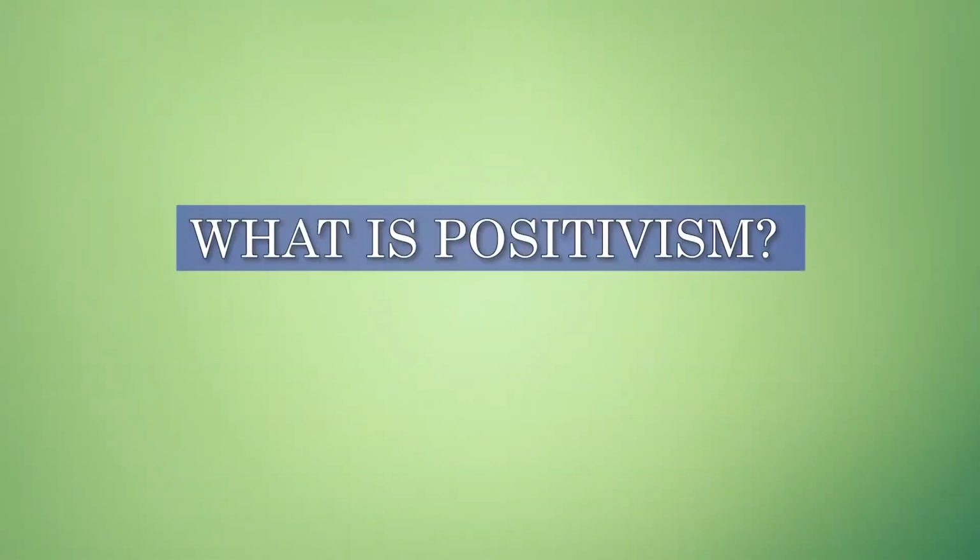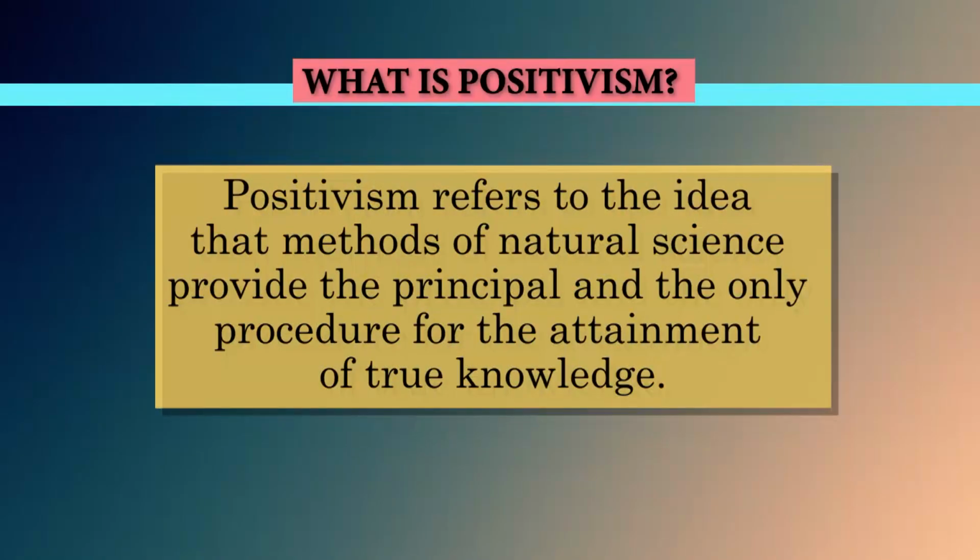Now before we go into the depth of the topic, first of all we need to understand what positivism is all about. Positivism refers to the idea that the methods of natural science provide the principle and the only procedure for the attainment of knowledge.